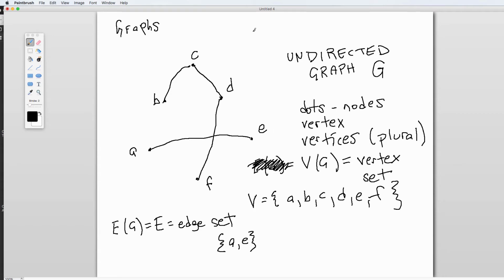Now you may remember back when we talked about sets, the set AE is the same thing as the set EA. So when we give the edge set, we don't want to repeat these things. But in this edge set, we can see that there's AE, there's FD, there's DC, and then there's also BC.